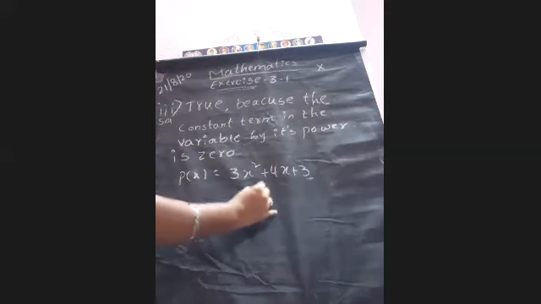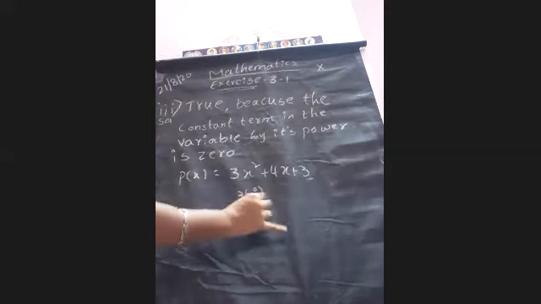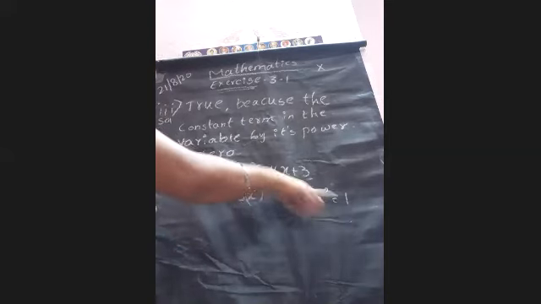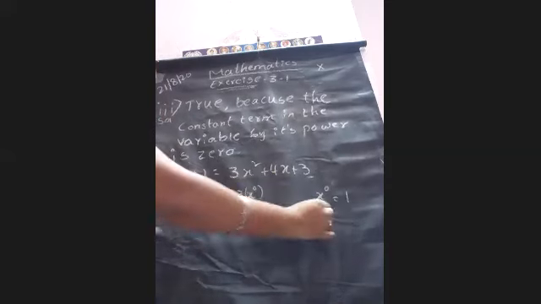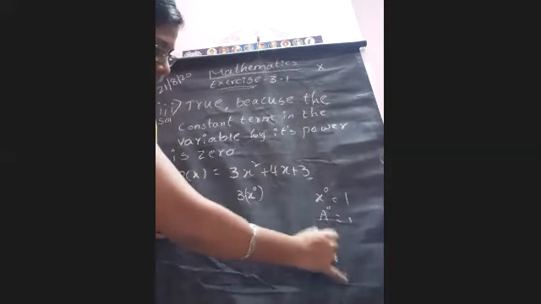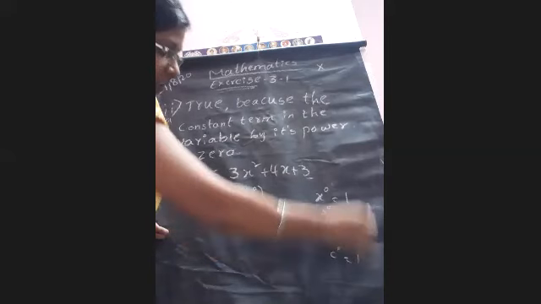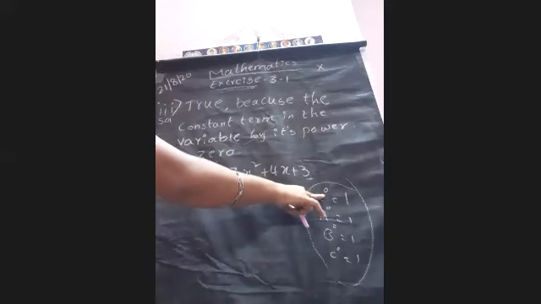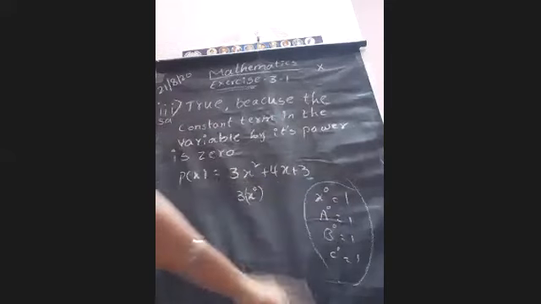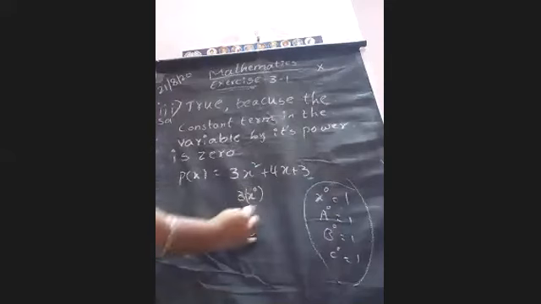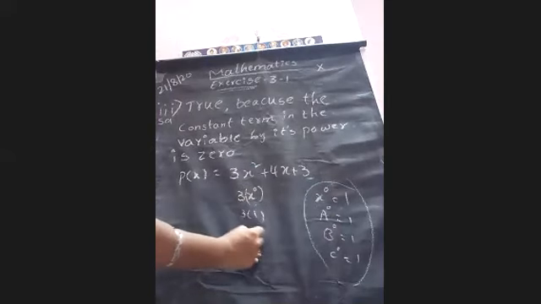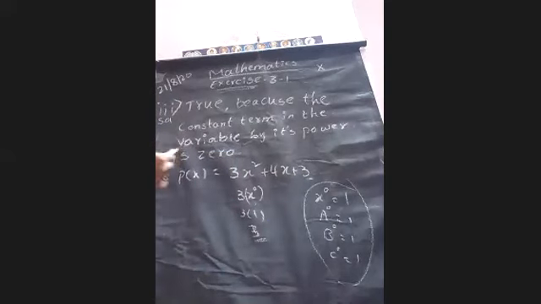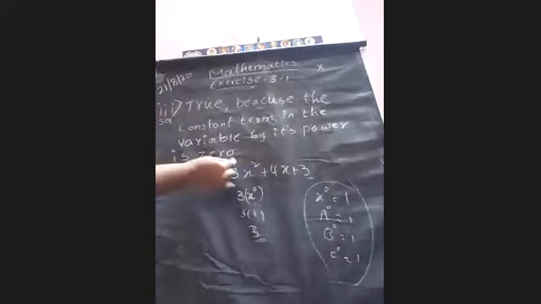If you write x power 0 with the constant term, any variable with power 0 will come as 1. A power 0 equals 1, B power 0 equals 1, C power 0 equals 1. Any variable with power 0, we will get only 1. So 3 into x power 0, x power 0 means 1, so again we get the constant term. So our statement is true: the constant term has the variable with power 0.